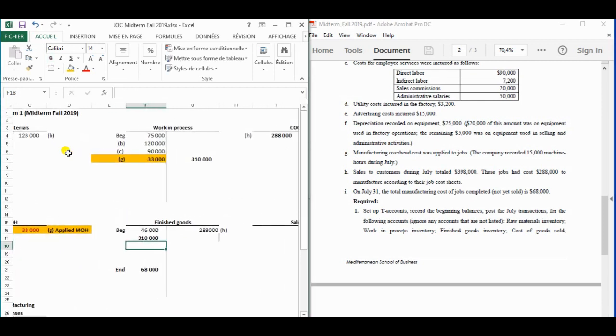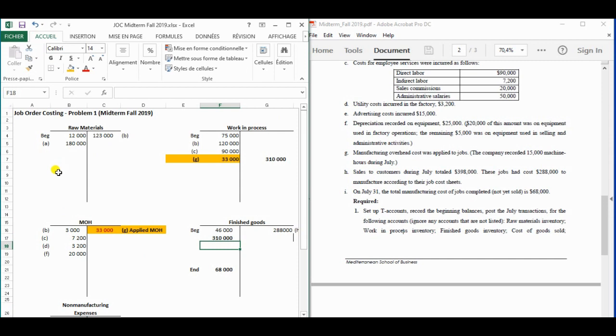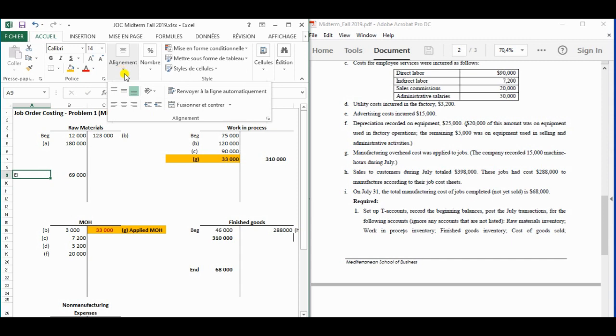Before starting the next question, we need to calculate the ending inventories of all our T accounts. So don't forget to do it. It's the sum of debit minus the sum of credit. So 69 for the raw materials.